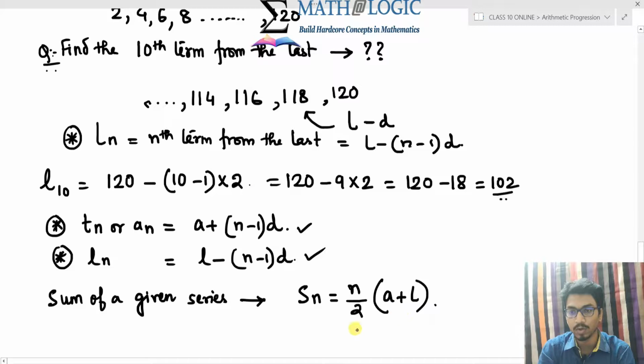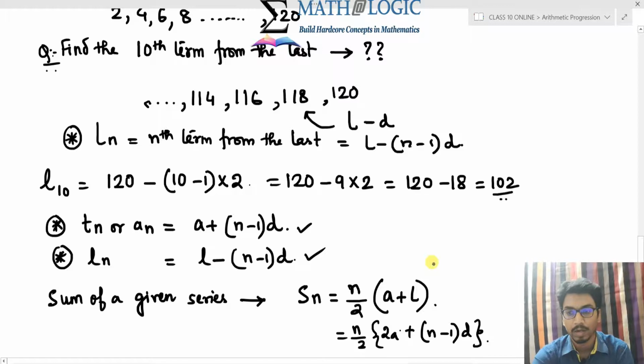Either you can do it this way, or Sn is equal to n by 2 multiplied by 2a plus (n minus 1) multiplied by D. This formula you can also use. Okay. Now let me derive this for you.